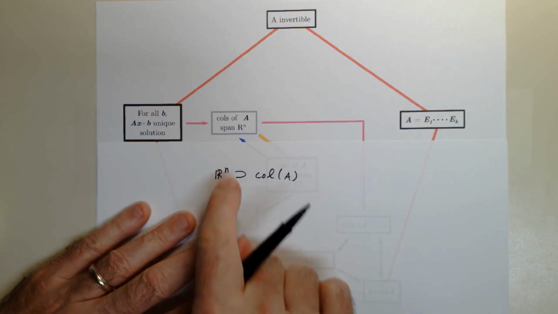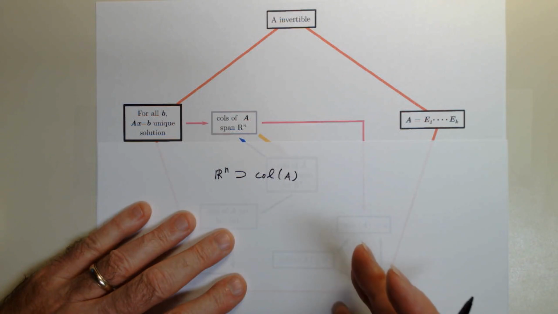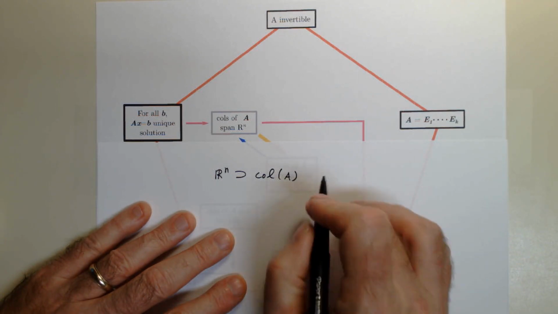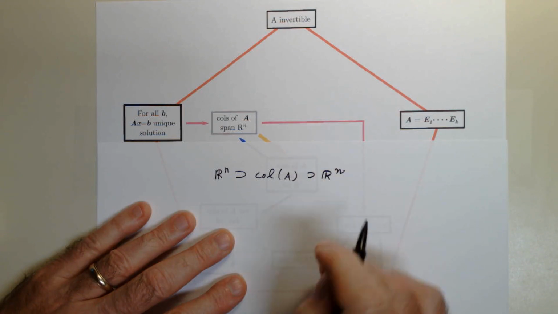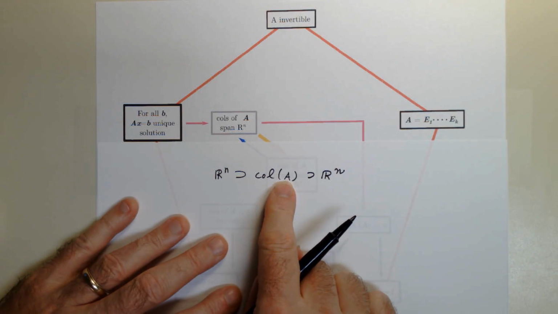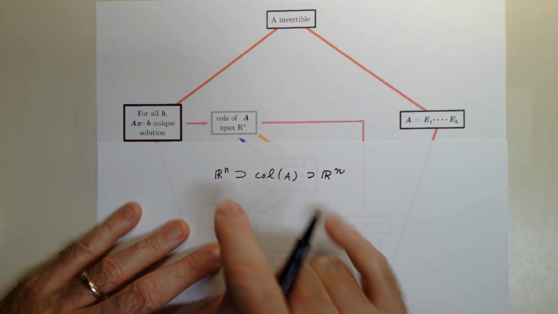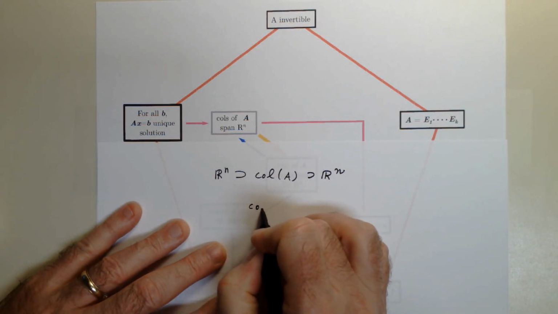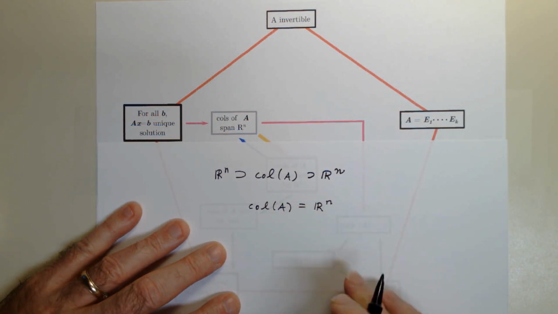On the other hand, we're being told in this statement that the columns of A span Rn, and that means that the column space of A must include all of Rn. In other words, every vector in Rn is expressible as a linear combination of the columns of A. Putting these two ideas together, we see that the column space of A must equal Rn.